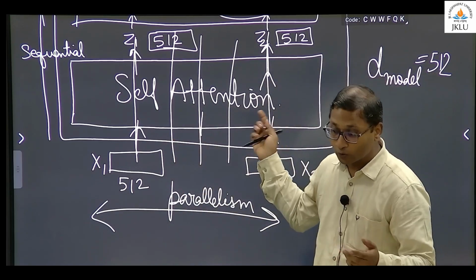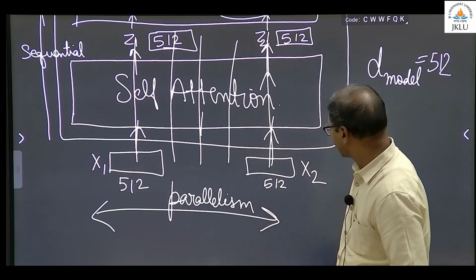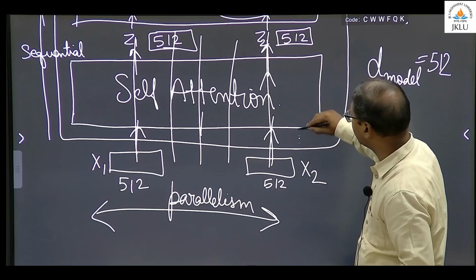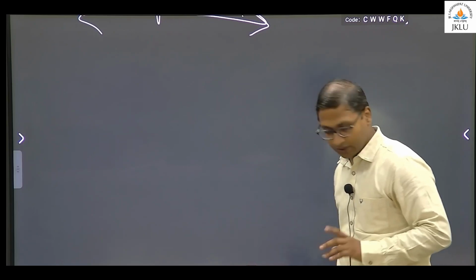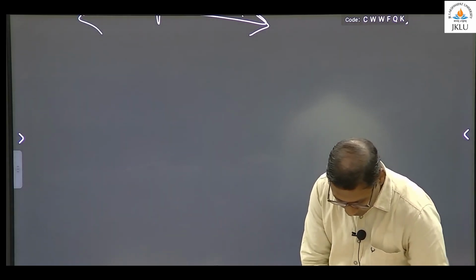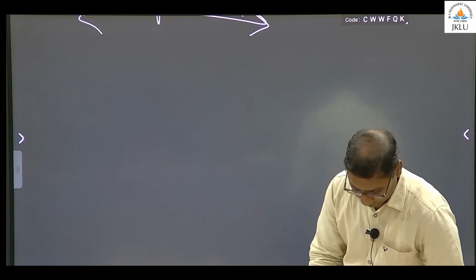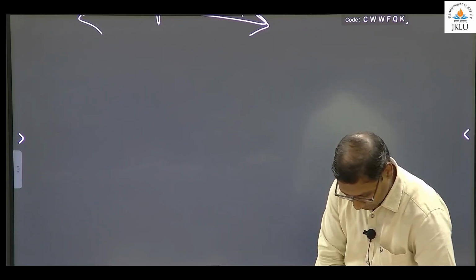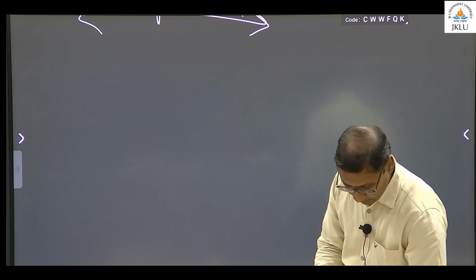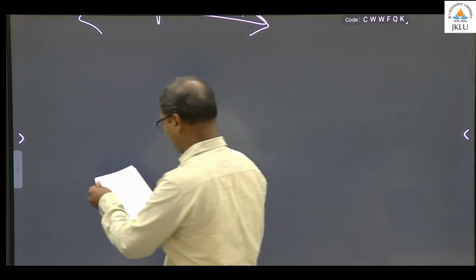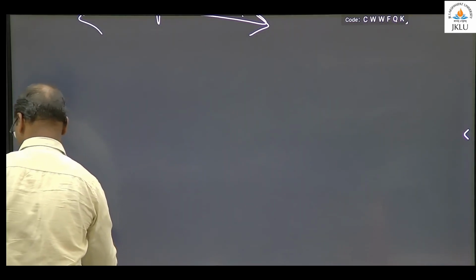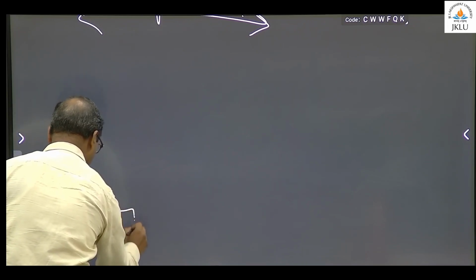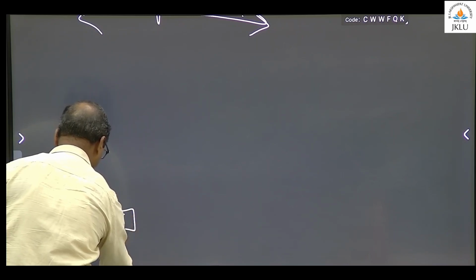What authors do to regain that is, so let me draw the complete transformer architecture first. I mean, I should have started from the paper itself yesterday only. So let me first draw the transformer. So if you see here, we start with these input embeddings.